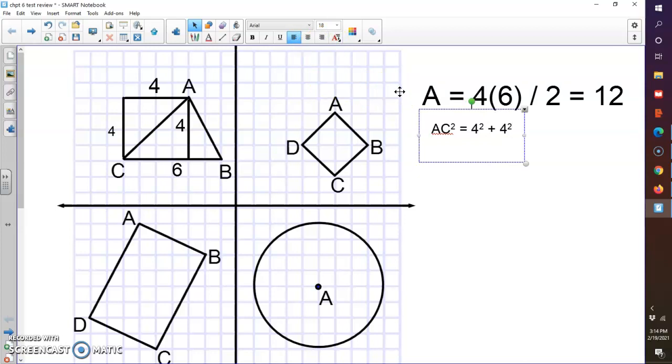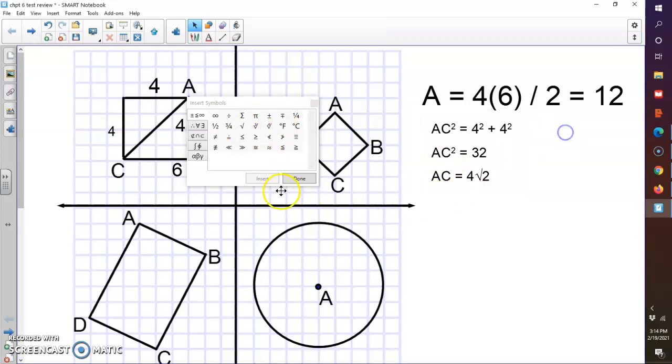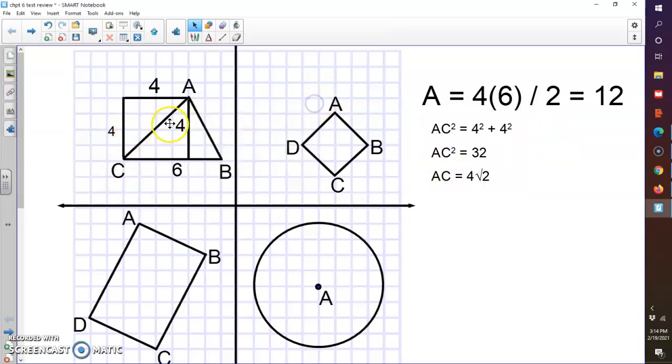And together, that ends up being AC squared equals 32. So my AC is going to be equal to 4 root 2. So there's AC, 4 root 2.